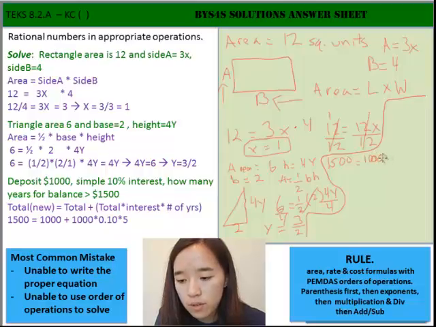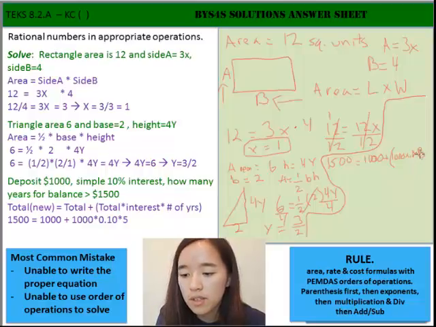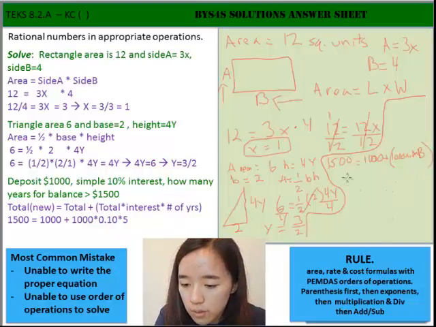Plus our total times the interest. So it's 1,000 times 0.1 for 10% times the number of years. And we don't know the number of years, so I'm going to say this would be B. That's our unknown. So we're going to start with 1,500 is equal to 1,000.